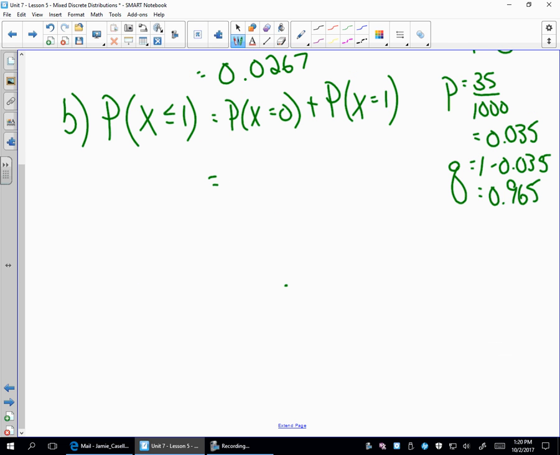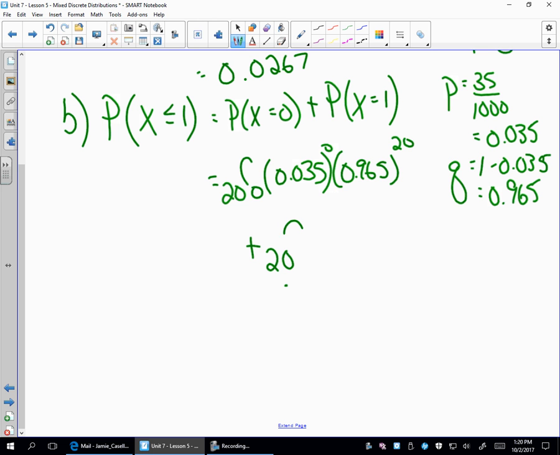We have 20 choose 0, with nothing defective: 0.035 to the 0, 0.965 to the 20, plus 20 choose 1, 0.035 to the 1, so 1 success and 19 failures. Add those two things together and hopefully you get 0.8461.